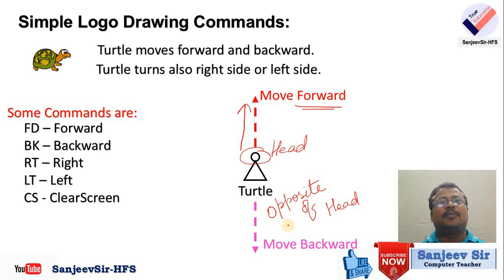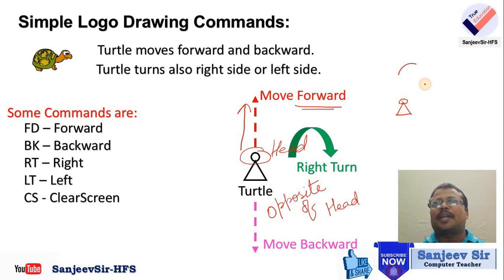And the turtle moves right and left also. That means the turtle moves in this direction, this is known as right turn. When the turtle has this face, after a right turn the turtle will change, so the turtle face will be like this. So in this direction the turtle is moving forward, but its head is in this way. This is known as right turn. Understood?